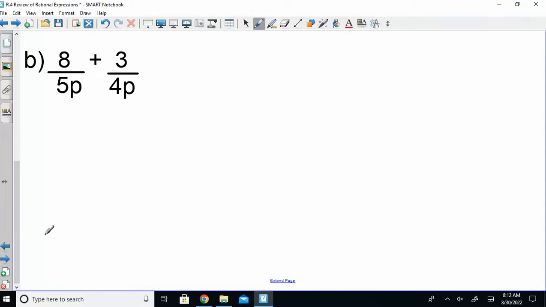Alright, this one. Make sure you guys are with me. You'll have time to work on the homework, I promise. Do we need to do something here? We need the same denominator. I have a 5p and a 4p. 20p. Okay, we could turn them both into a 20p.